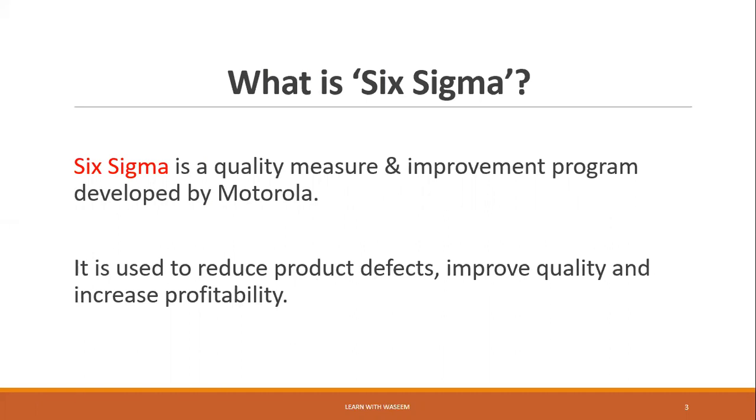So the main objective is to reduce the defects, improve the quality, and increase the profitability. So three things are very important. The first one is reducing defects, continuous improvement of quality, and increasing the profitability.